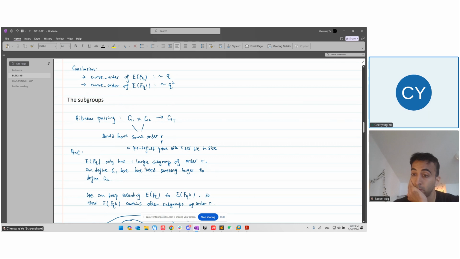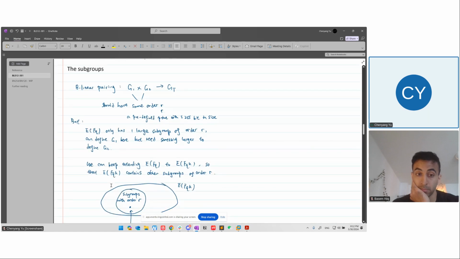The only thing you can do here is generating G1, because E(FQ) only has one large subgroup of order n. So that's the only thing. You just grab that and call it G1 and we are done here, but we need something else to define G2. So we have to extend E(FQ) to E(FQK), do the field extension we just talked about.